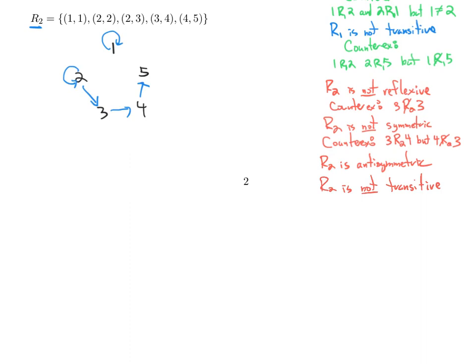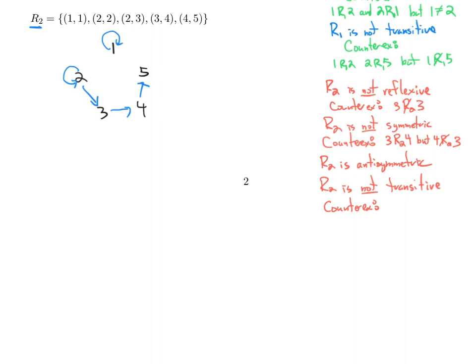And what's our counterexample here? Our counterexample is just the following. Well, we have 2 is related to 2, 2 is related to 3, 3 is related to 4, but 2 isn't related to 4. So we have that intermediate element where we can get from 2 to 4, but we can't get there directly.